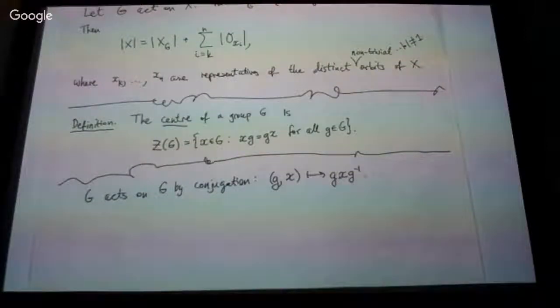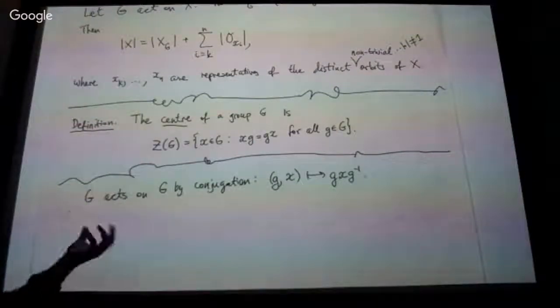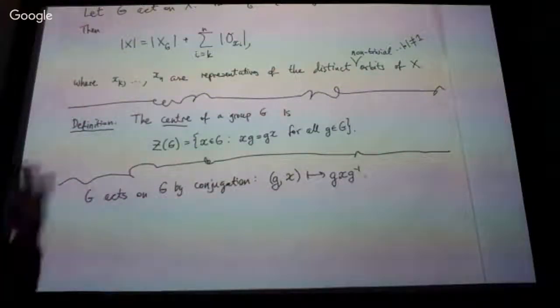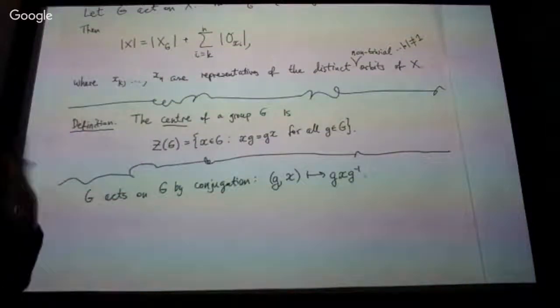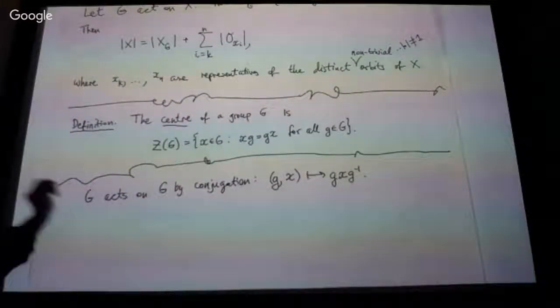Now this is starting to be counterintuitive. Think of you've got these elements, and then whatever they are, G acts on them by conjugation.